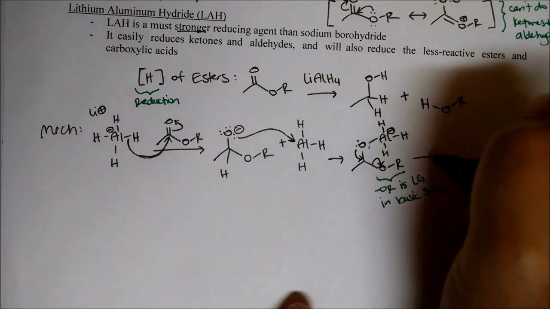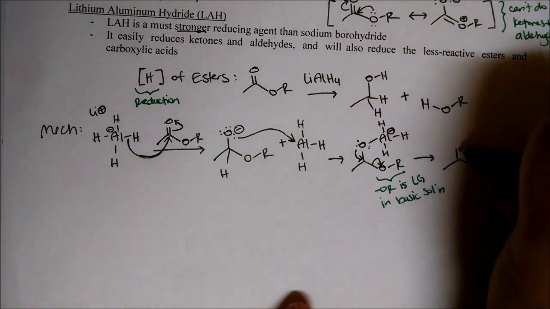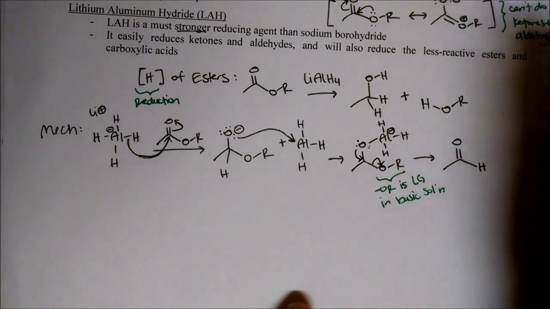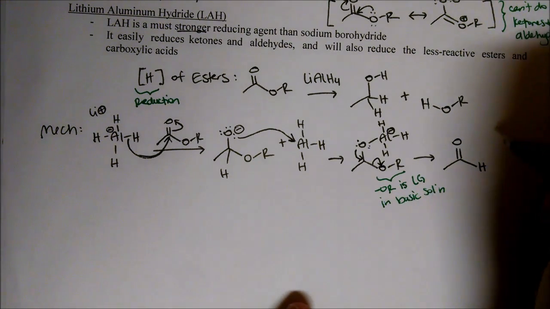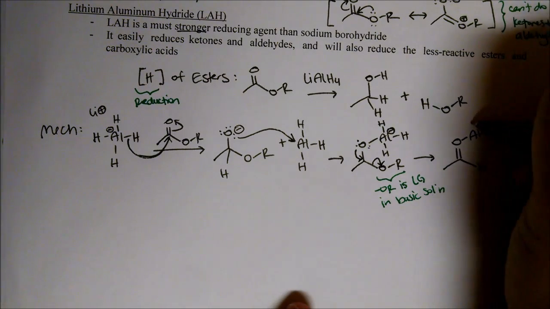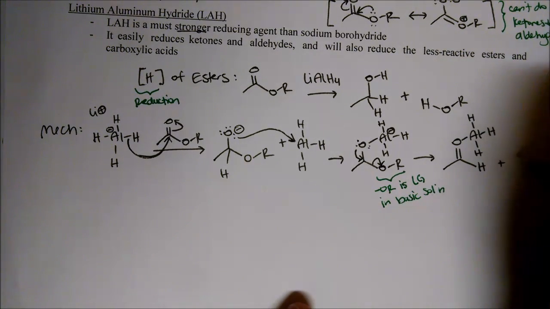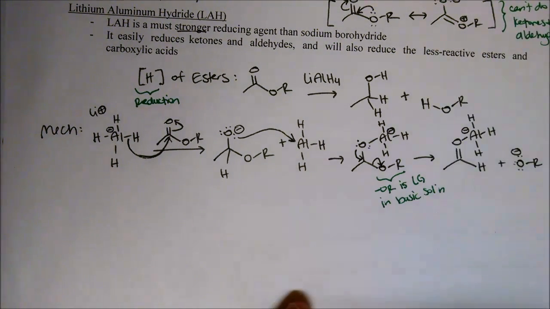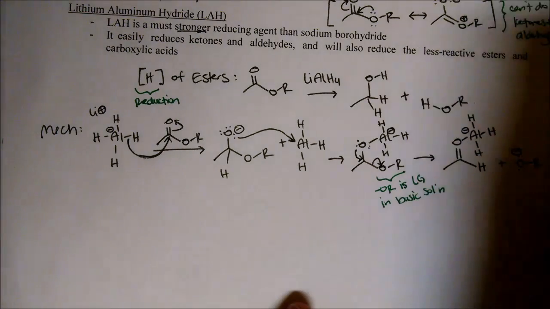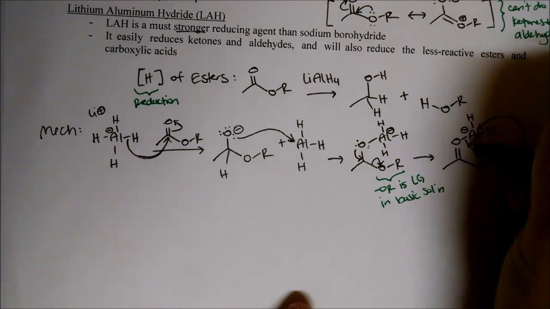This is where it gets a little bit different. We end up with an aldehyde first off, with our aluminum still on there, AlH, H, H, and we have kicked off our OR minus, which is actually an OK nucleophile, so it can go and liberate the aluminum.